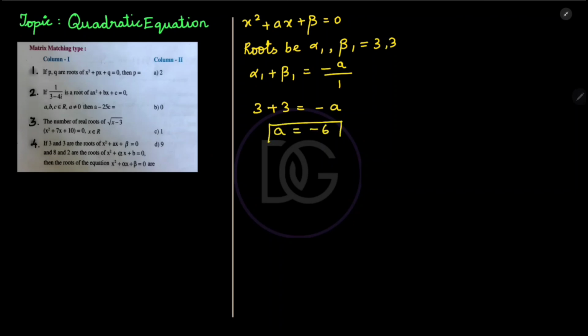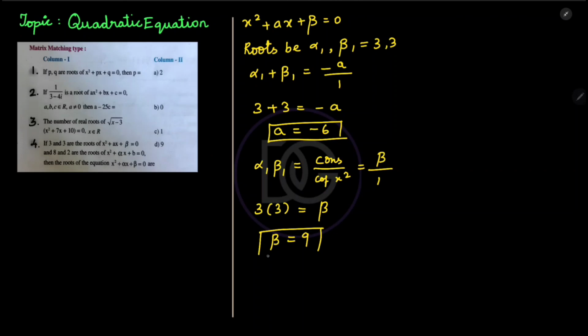Likewise, the product of the roots, alpha 1 into beta 1, equals the constant term divided by the coefficient of x square. So beta by 1. The roots are 3 and 3, so 3 multiplied with 3 equal to beta. So the value of beta is 9. These are the values for the first equation.